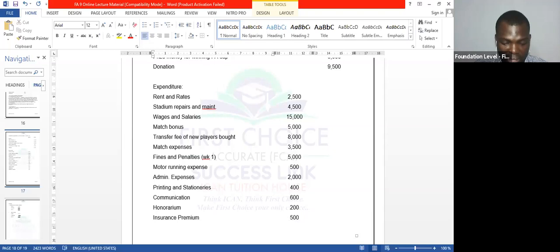We have treated the fines. We have depreciation. How is the amount for depreciation given to us? 150. So that would be 150.